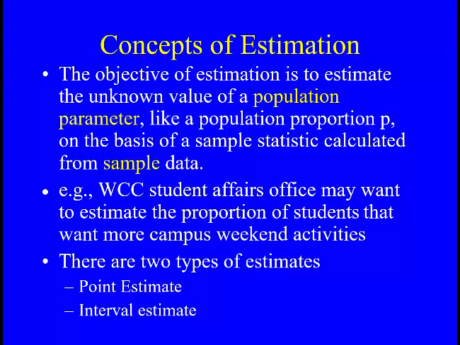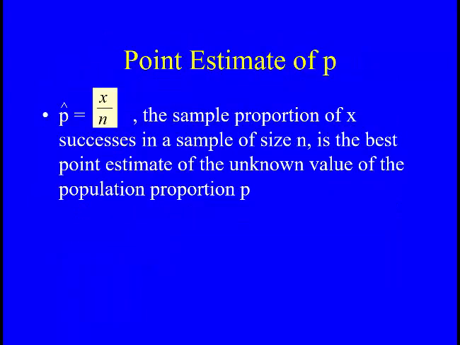There are two ways you could do this. You could do it with the point estimate, which we've talked about in class. That's just a single value estimate. Or you can do it with the interval estimate, a range estimate. The point estimate for p, the population proportion, is called p hat, and that is x divided by n.